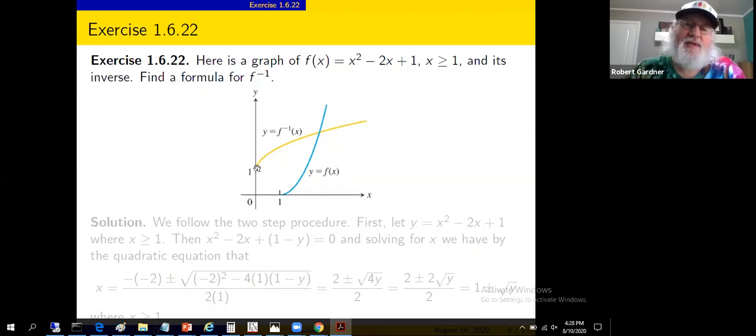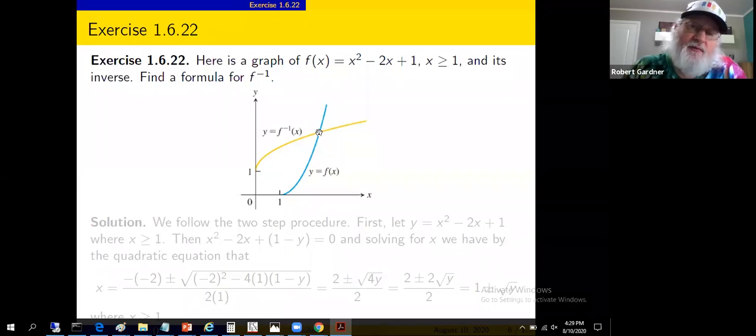And they claim this is the inverse function. Does the picture look right? What should be the relationship between the blue function and the yellow inverse function? If I were to draw a line y equals x, I should be able to fold the yellow curve onto the blue curve and vice versa. That point right there would be fixed.